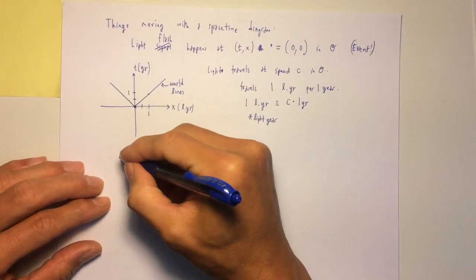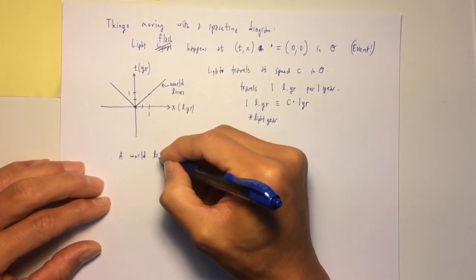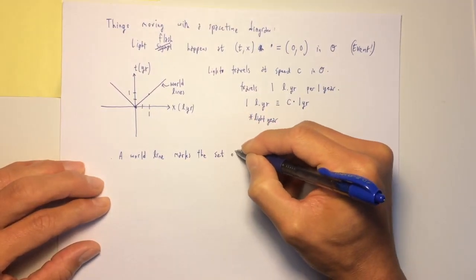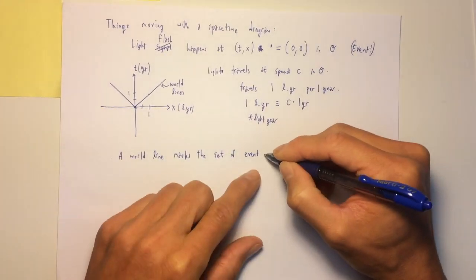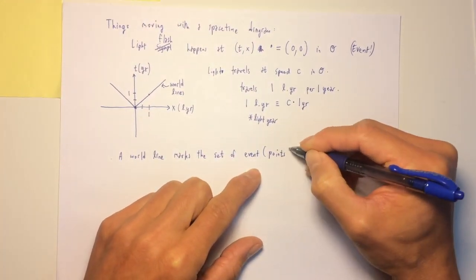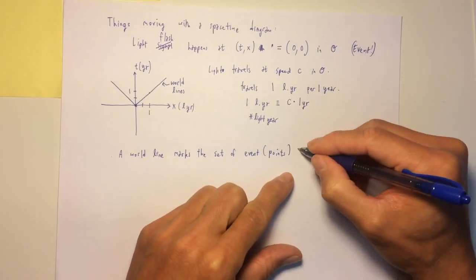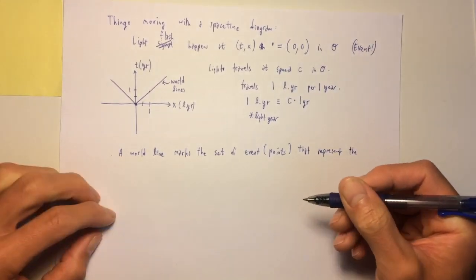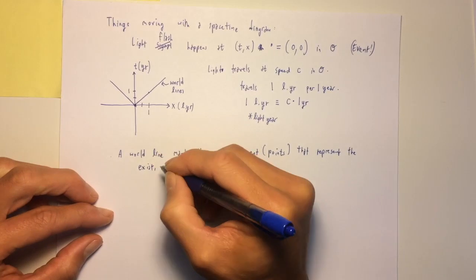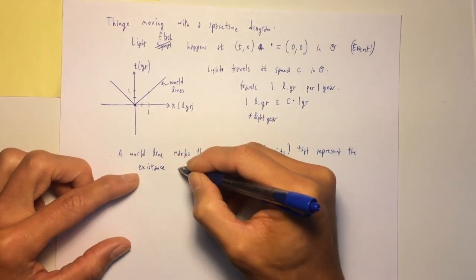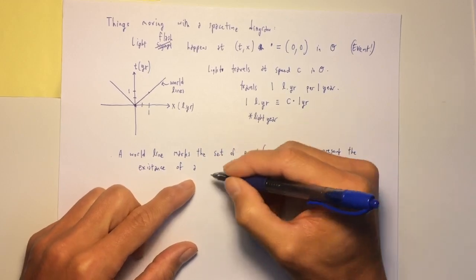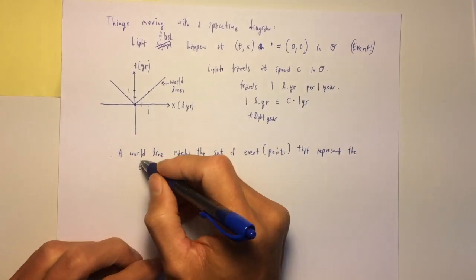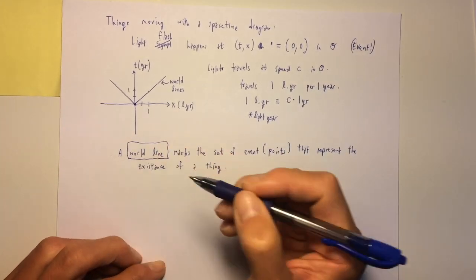A world line marks the set of events, and I'll put in parentheses points, that represent the existence of, for example, a particle, or a thing. A world line is a nice concept to have.